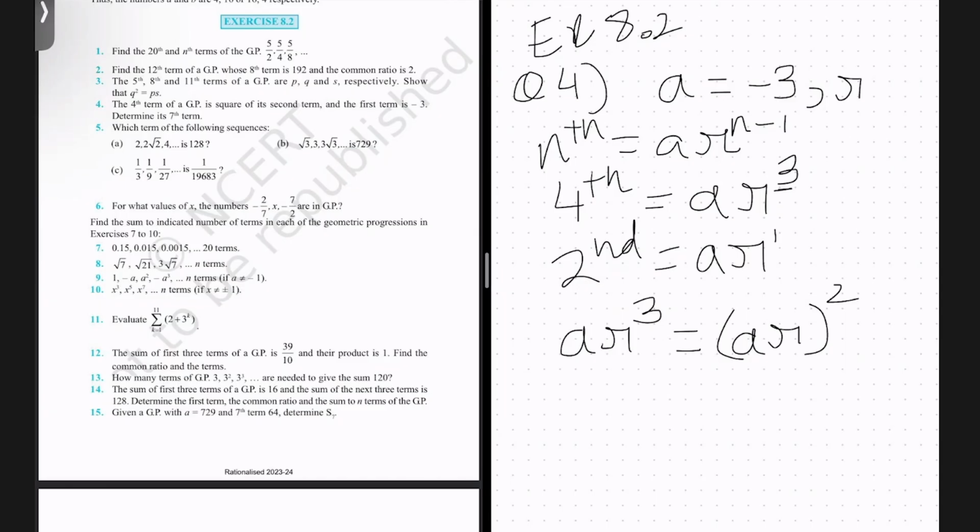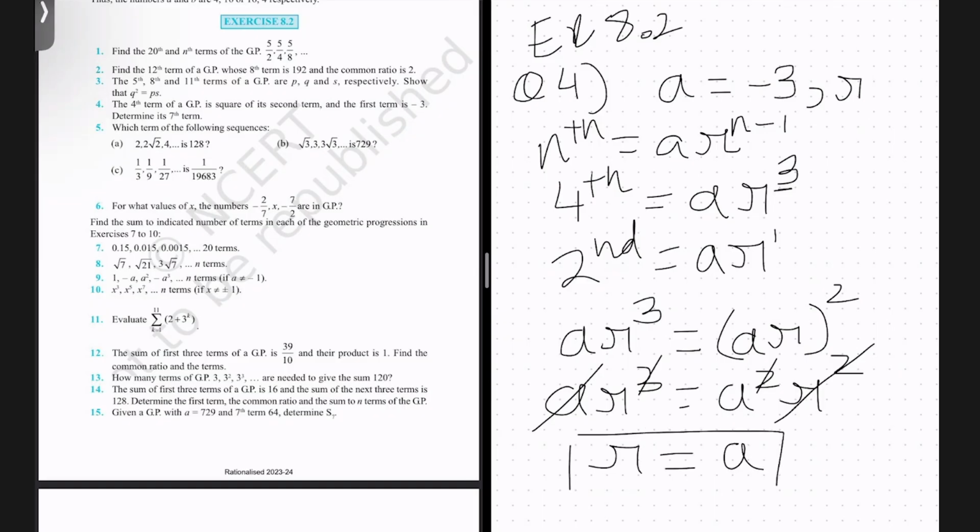After this, we can square the second side. So what we do is we square both the terms inside the bracket. We get A square, r square, correct? A gets cancelled, r gets cancelled. So we have r equal to A, correct?